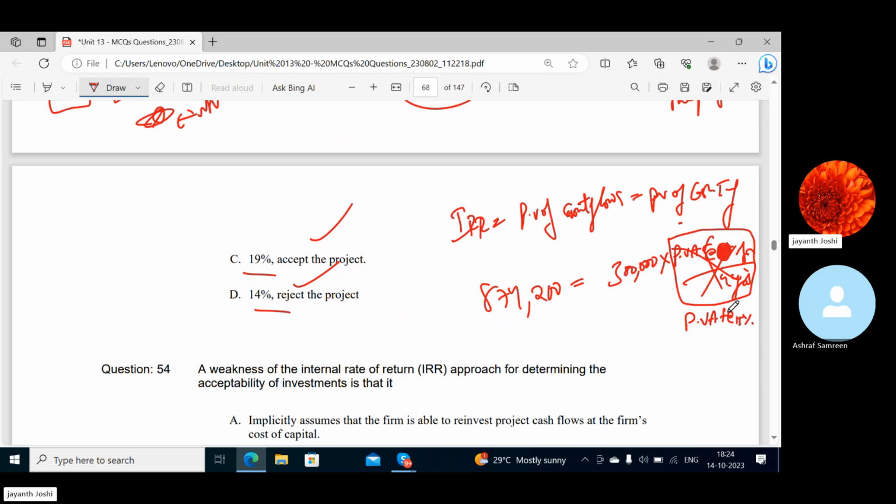Can you just check and tell me? Hello? Yes, you are audible, sir. Can you hear my voice, Samrin? Yes. I'm saying, can you find out the present value annuity factor at the rate of 15% from the table? Annuity factor for 4 years.